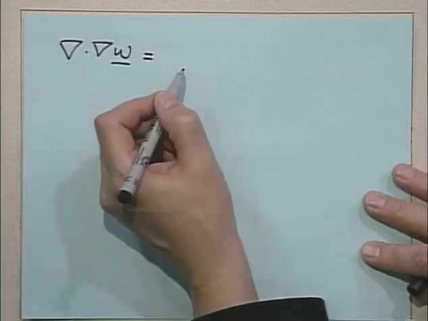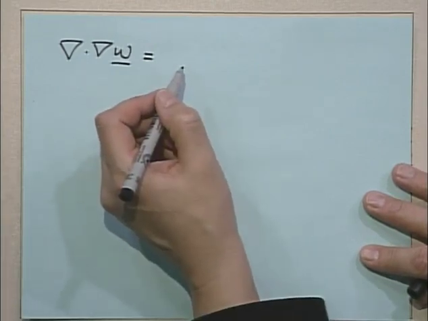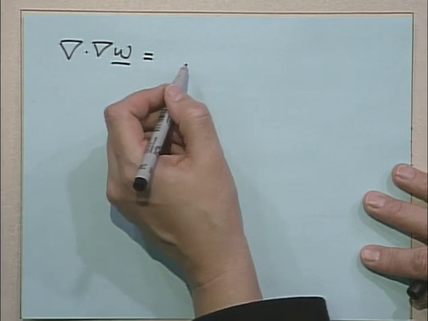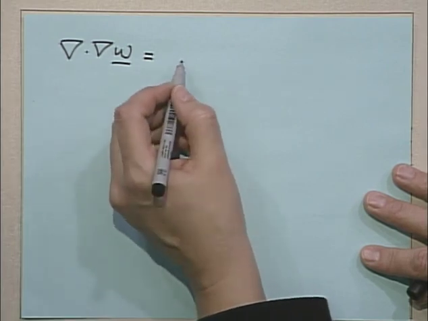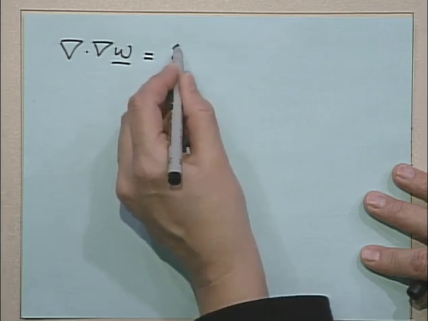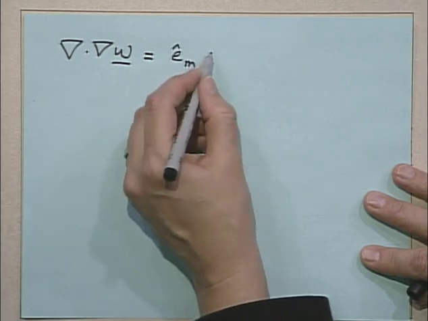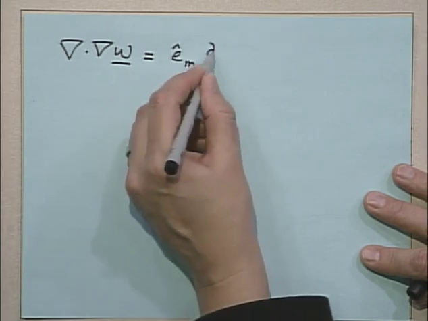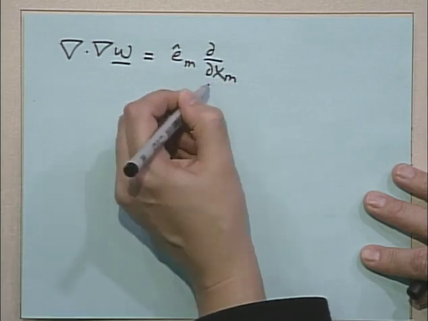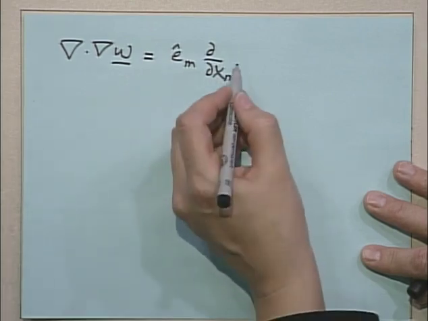How shall we start? Help me out. Yep. Let's see here. It'll be EM, delta over delta x I. M. Keep the same one.